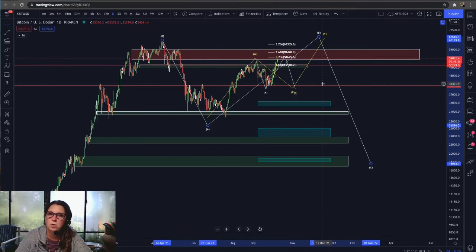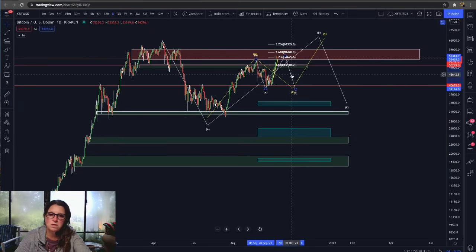But it all depends on this right here, what happens in here, okay? And I'm not worried about this C right now, okay? I'm not worried about this C because we are very bullish right now. But I have to put this on the table because it is a potential count if we don't go any higher.